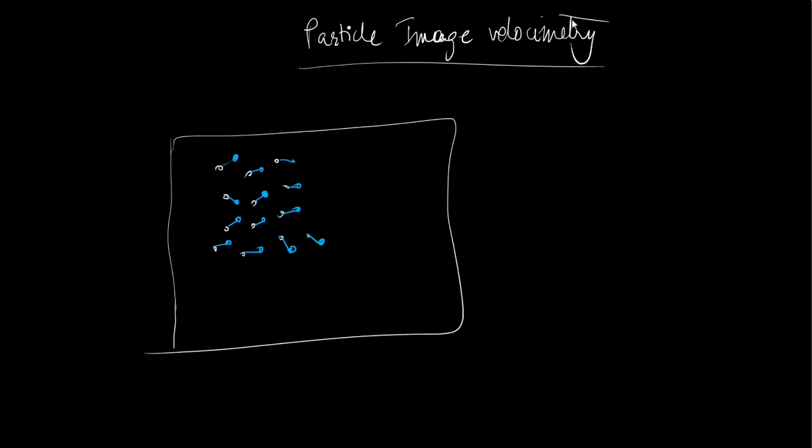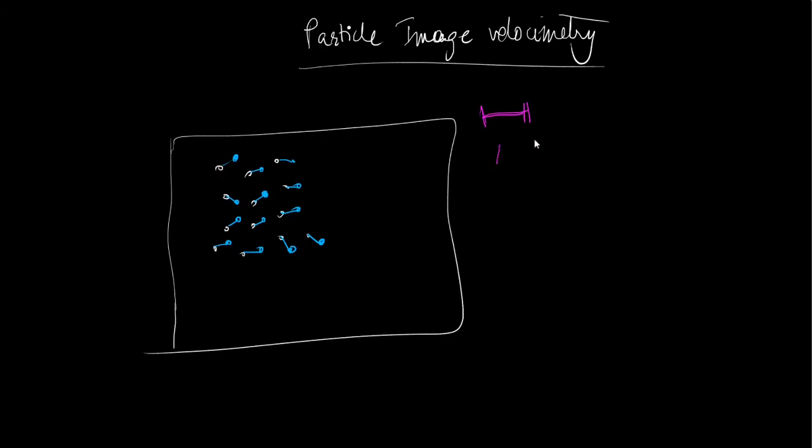So how do you take two quick photographs? If you have a good camera, you can take photographs with a very fast shutter speed and take two successive photographs. But typically DSLRs are limited by how fast you can take two consecutive images. So typically these two photographs are done with the help of lasers.